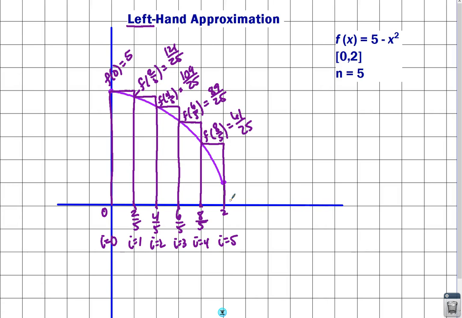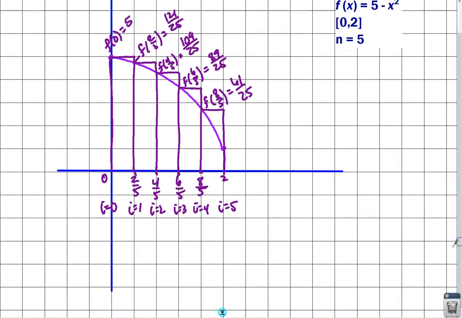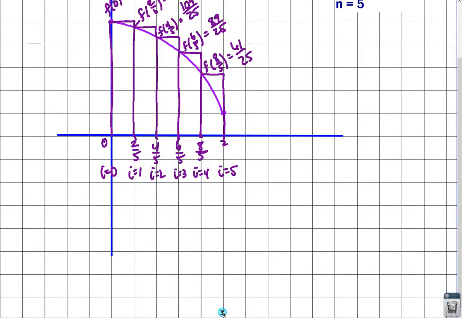Okay? So now, to find the area, I would add these up again, just like I did before. So I would say area is still length times width.